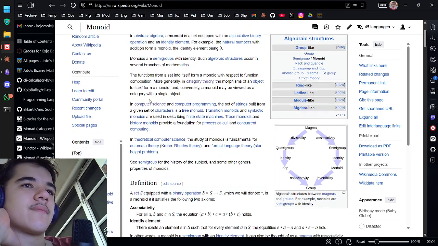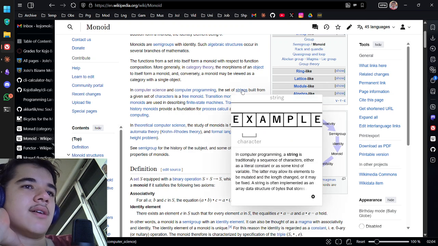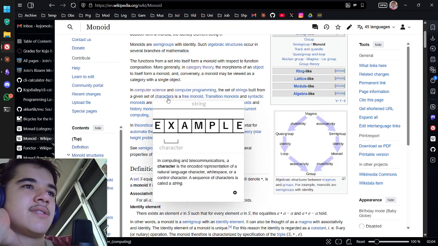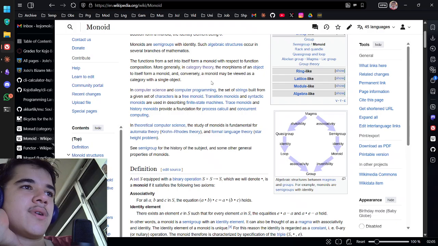Okay. Computer science. The set of strings built from a given set of characters is a free monoid. Transition monoids. Okay.